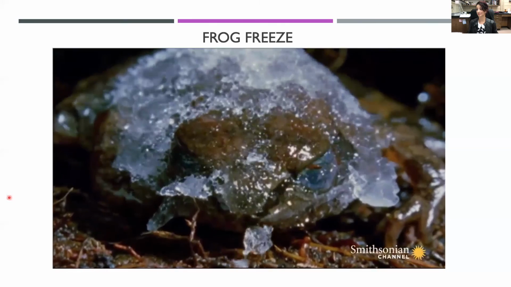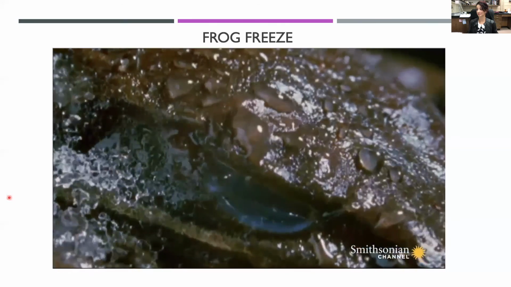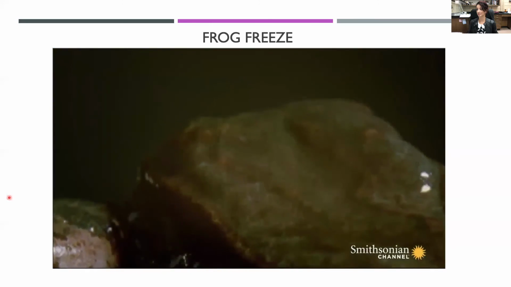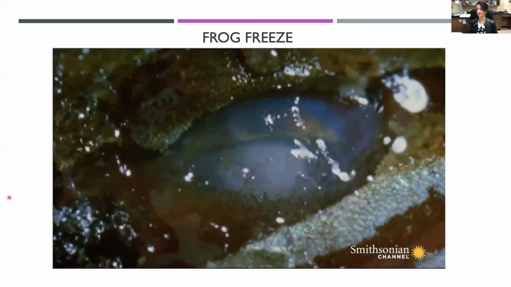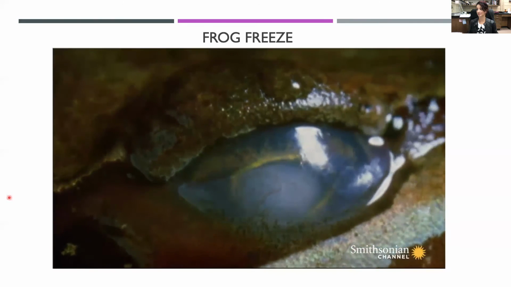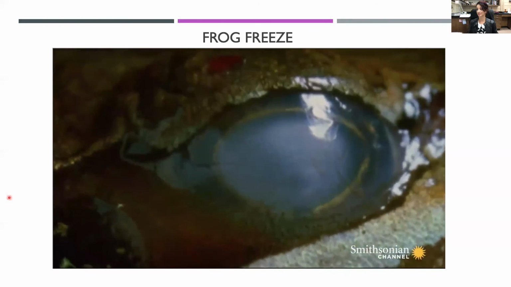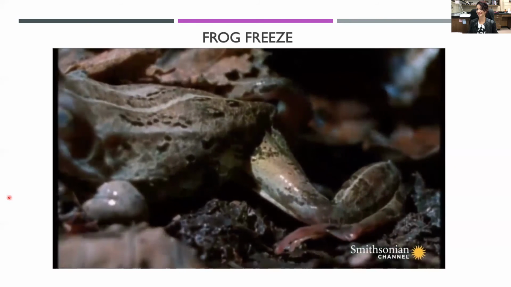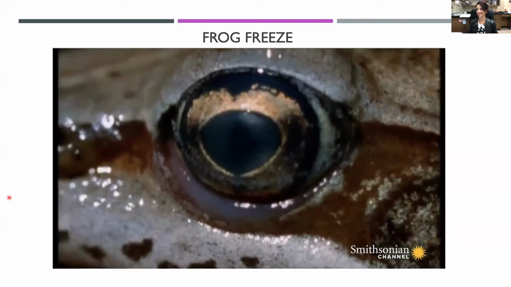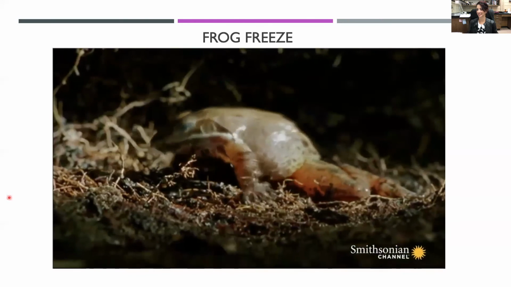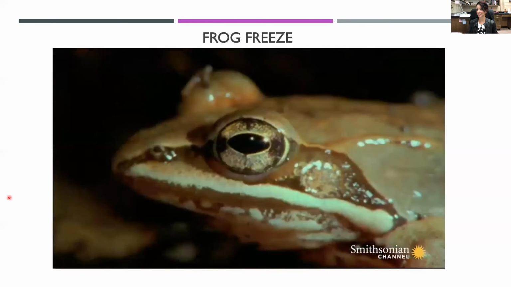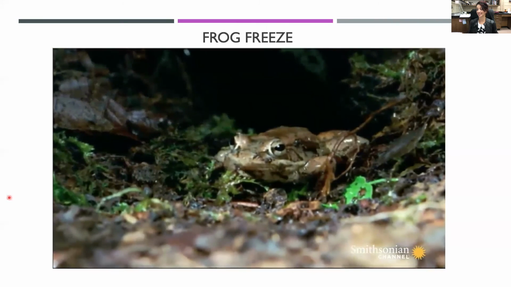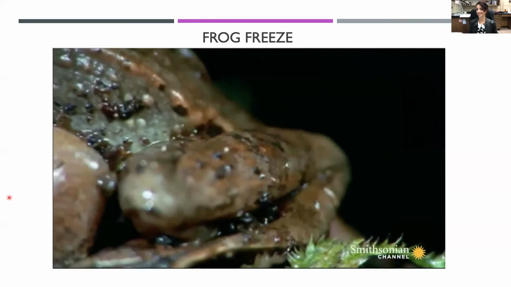Within 30 minutes, the heart restarts and the blood begins to flow. The wood frog comes back to life. After 2 days, the frog heads out to look for some food, a mate, and a much-awaited pea.